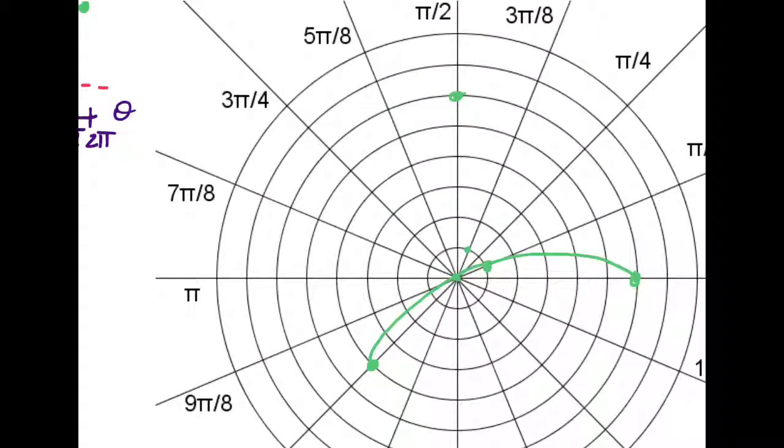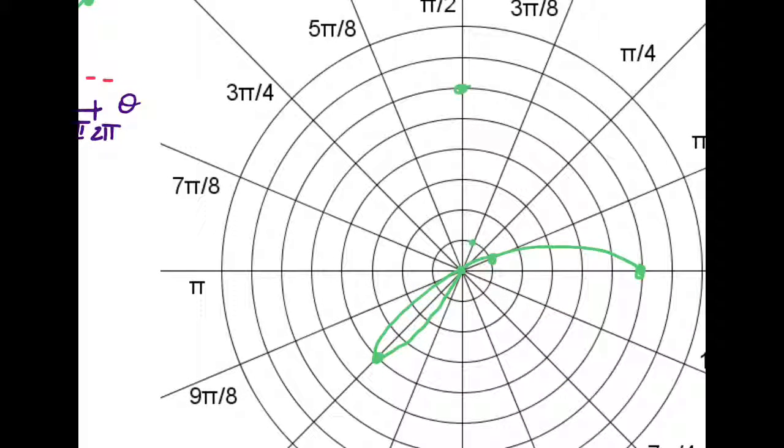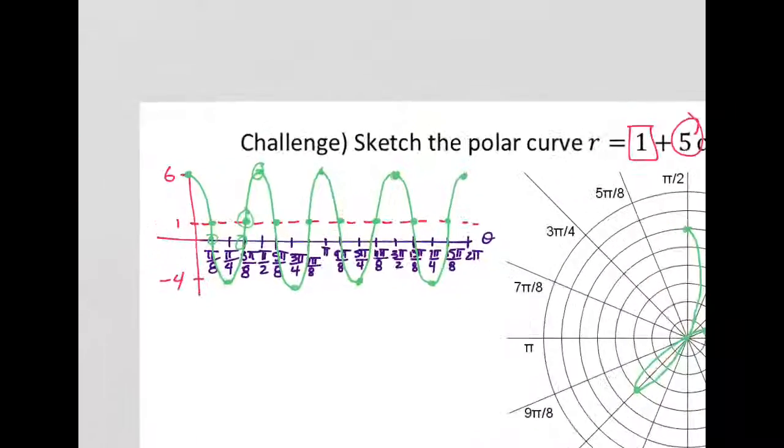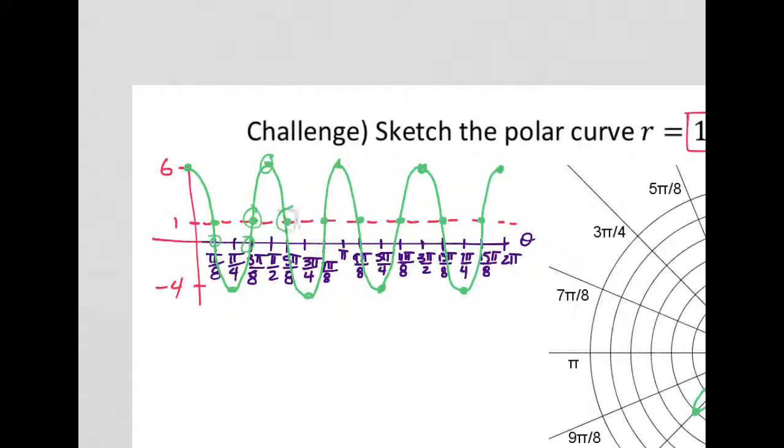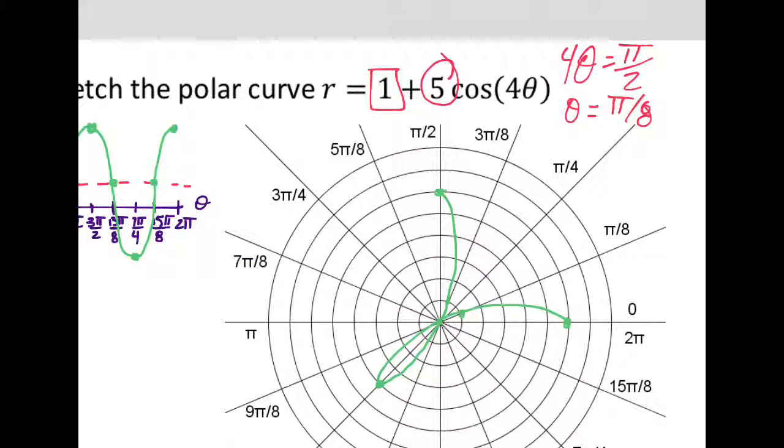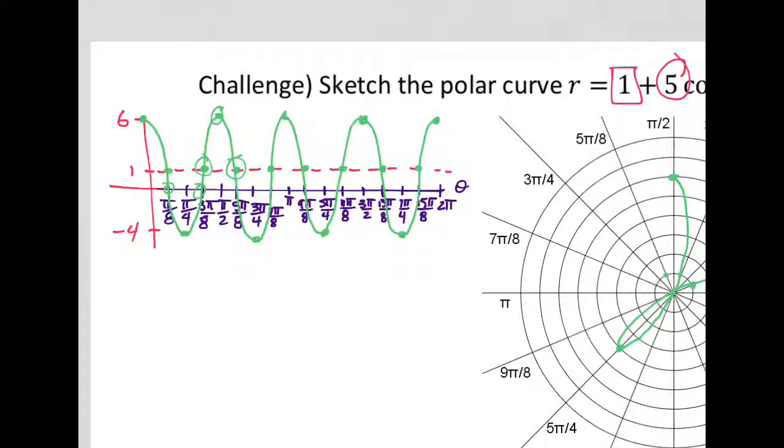So I'm going from a 4 petal through the pole right there. I'm going to continue to curve up to that 6 petal up top along pi over 2. Then I'm going to go back down to another 1 value at 5 pi over 8. I'm hitting that 1 right there. And then crossing the pole again.